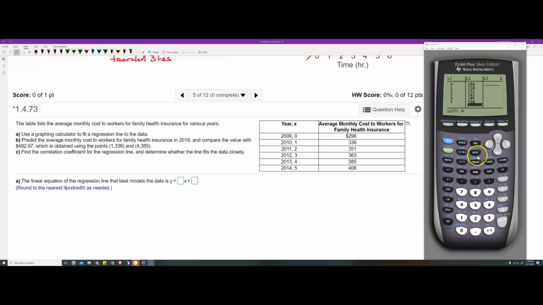Now we're going to go back to Stat, and we're going to go over one menu to Calculate, and we want to go down to linear regression, which is number 4.